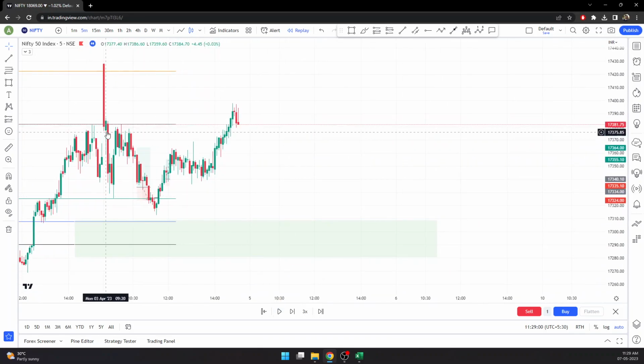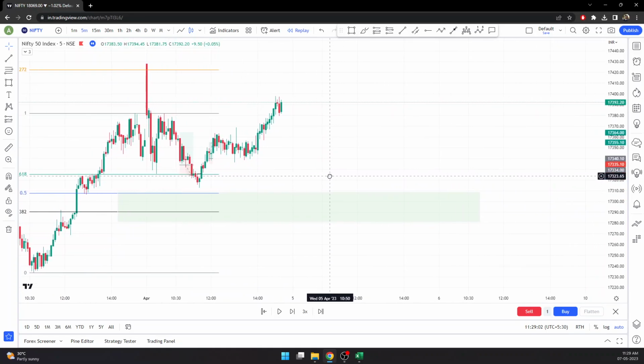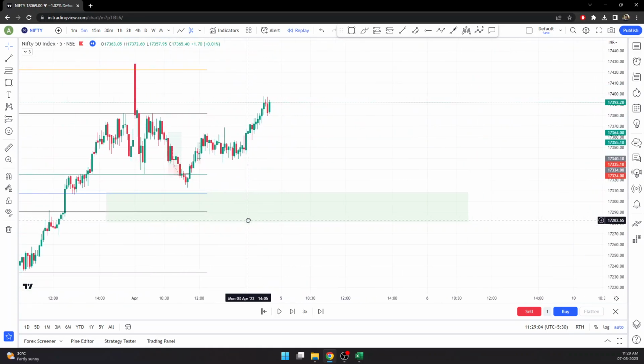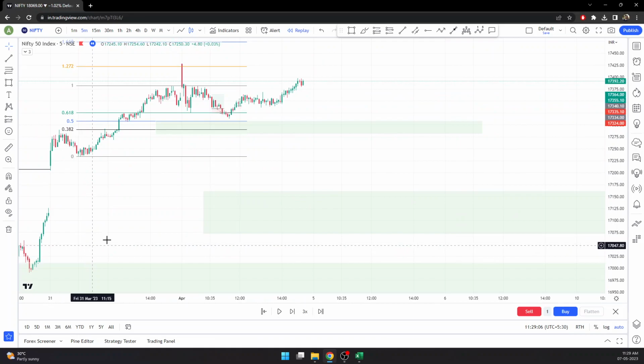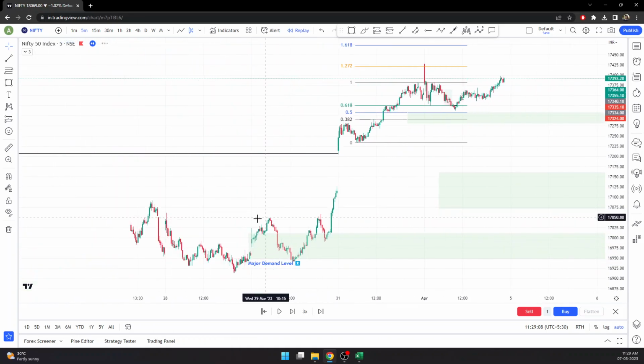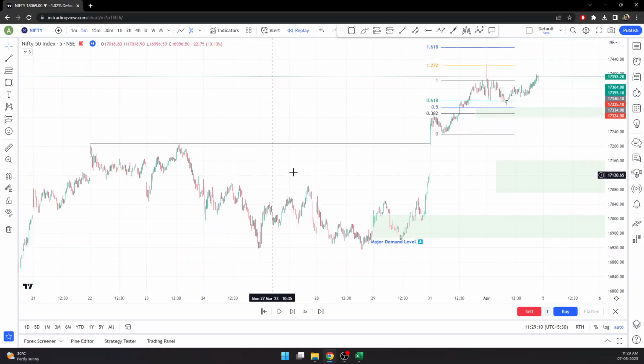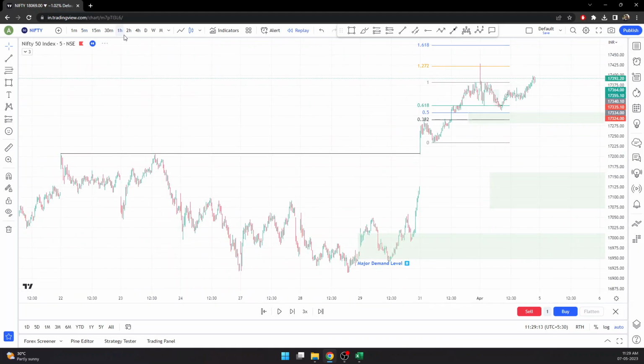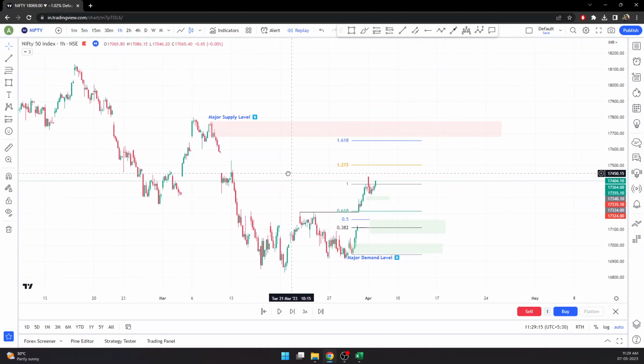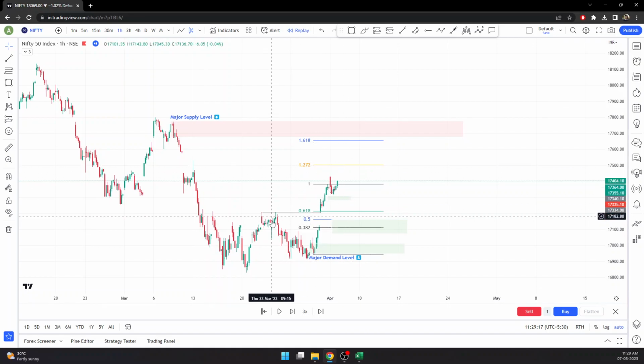Yep, it has crossed this level. So this is the benefit of having one clear direction. The earlier direction that we marked was the buying direction, because we can see the small consolidation here, and it has opened above these levels, and it has successfully given one strong move one day before, on the 31st March.